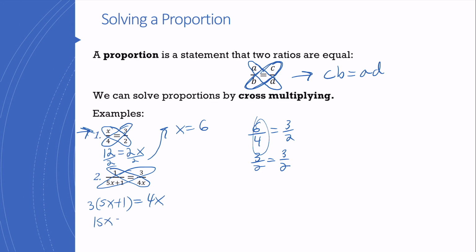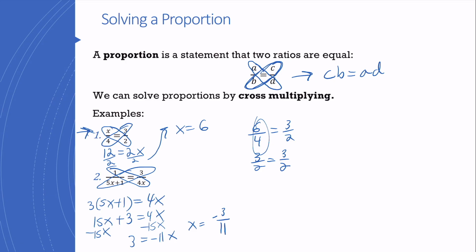I get 15x plus 3 equals 4x. I subtract 15x from both sides. 3 equals negative 11x. So x is going to be negative 3/11. So that's how we're going to solve proportions. We solve them by cross multiplying.